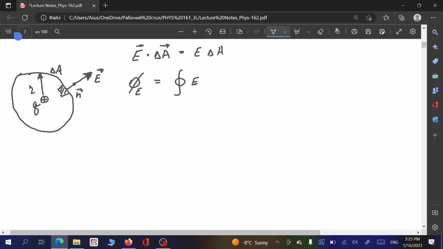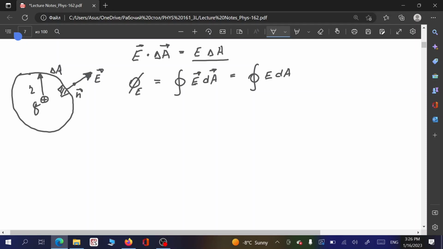As we defined earlier for electric field flux through a closed surface, it is the vector product of the electric field vector and the dA vector. We take into account that at any point they are parallel to each other. So we can write that it will be the integral all over the surface of the sphere of E times dA. So we don't need vectors anymore here.